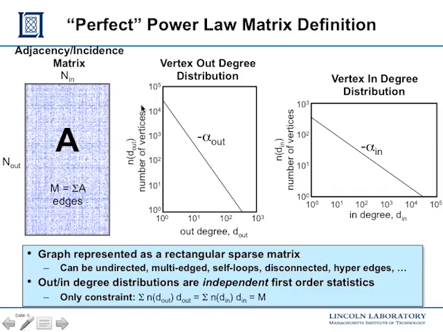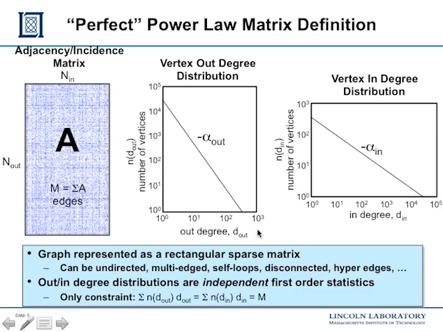For the perfect power law, we're going to have essentially two perfect power laws here. One on the out degree. So if you sum these rows, and then you do a histogram, you're going to want to produce a histogram that looks something like this.